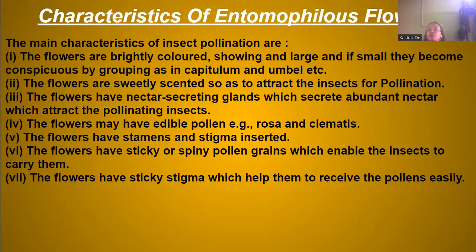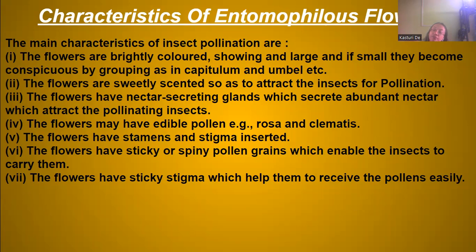The flowers have a sweet scent to attract the insects for pollination. They produce a lot of nectar and have nectar secreting glands. The flowers may have edible pollen also, like rosa and clematis.